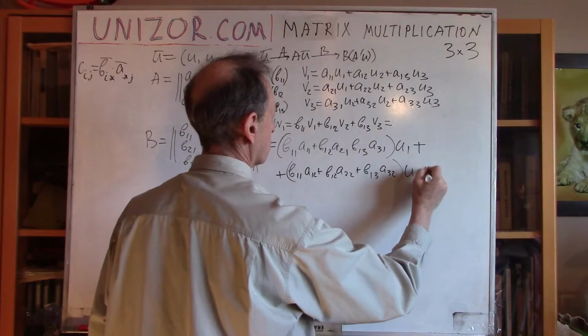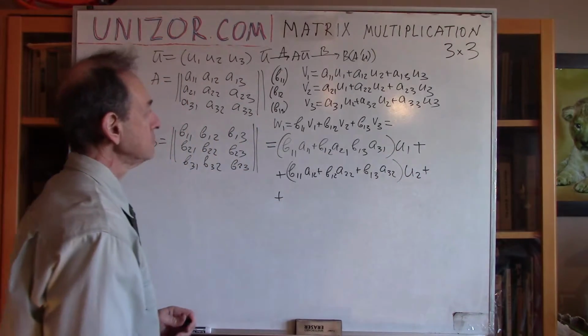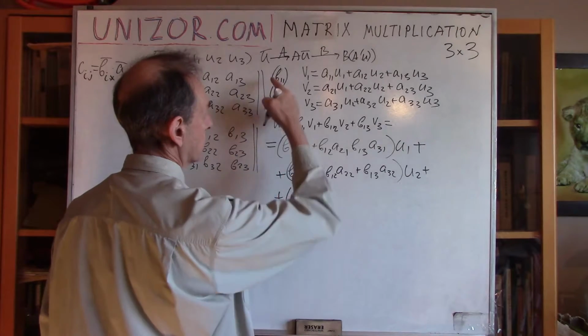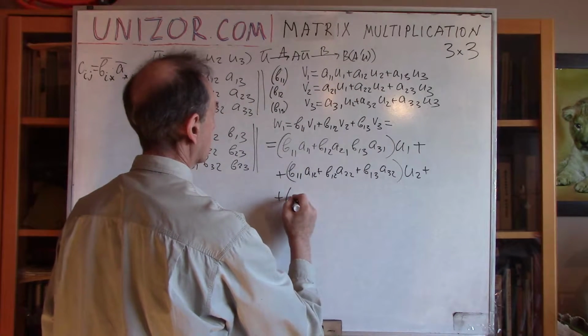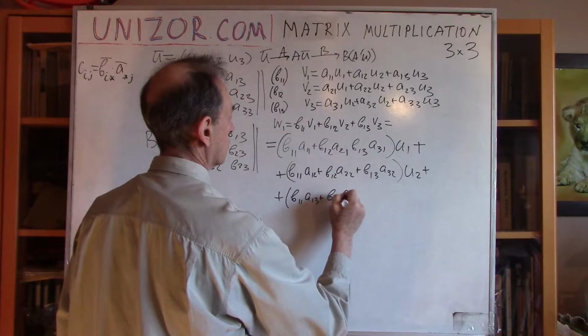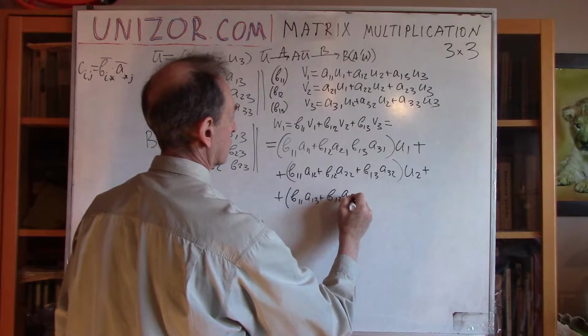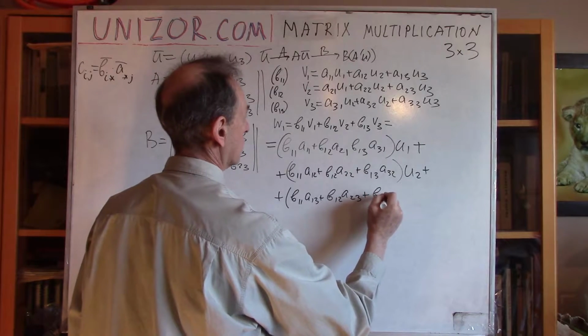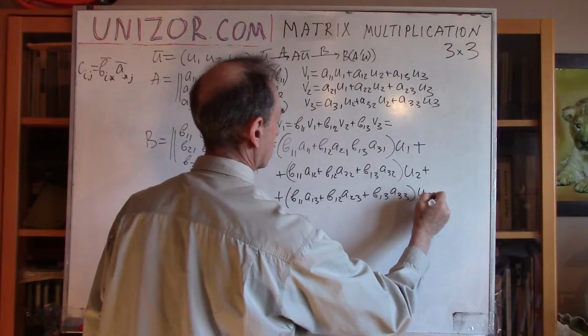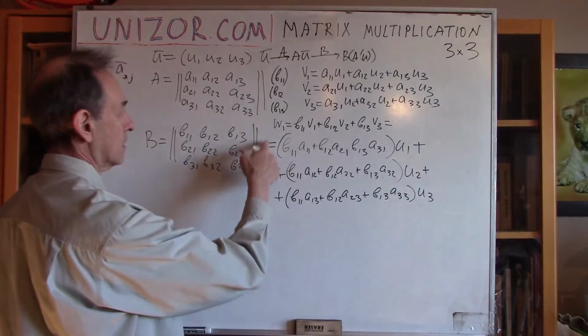That would be U2 plus. And now I will have B11 A13, B12 A23 and B13 A33, U3. So that's my W1.